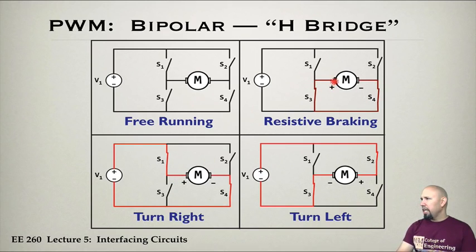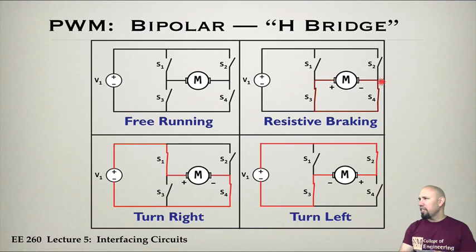Basically, the motor itself has resistance in it. It has an electromagnet, but because it has wire, a long wire that's coiled up to make an electromagnet, it has resistance.